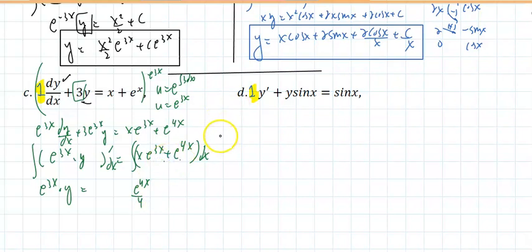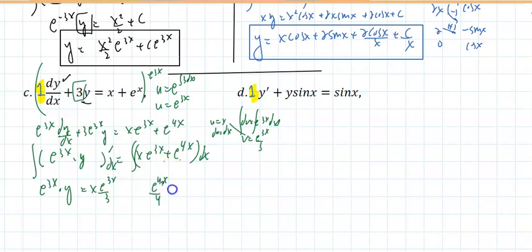And here I could let u equal x, du is dx, dv is e to the 3x dx, integrate v is e to the 3x over 3. So that's going to be x e to the 3x over 3 minus the integral of this, that's going to be e to the 3x over 9 plus c.